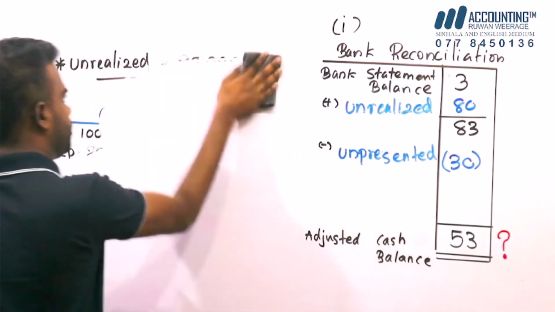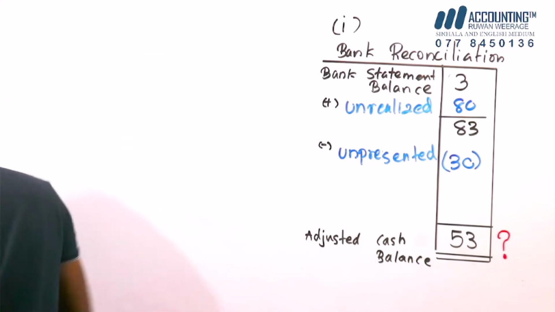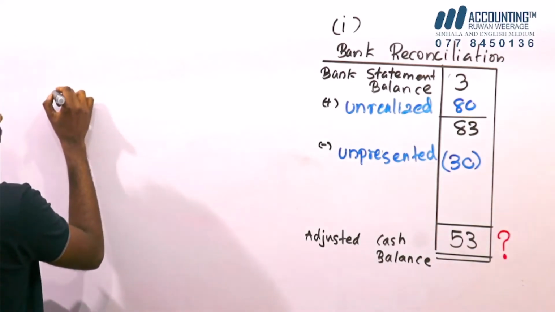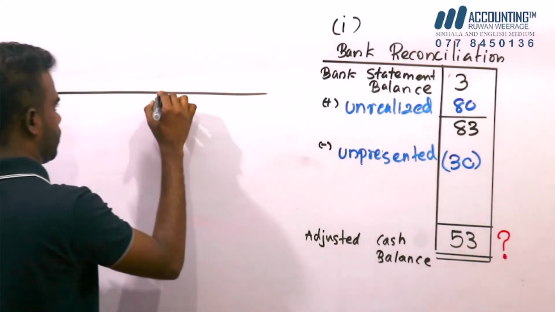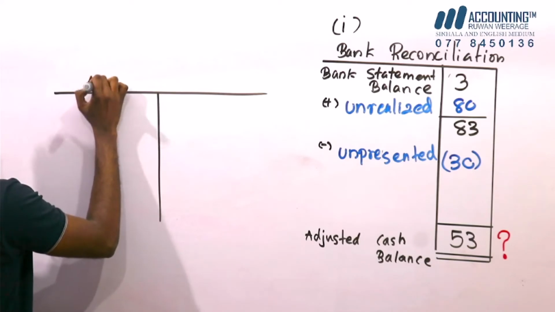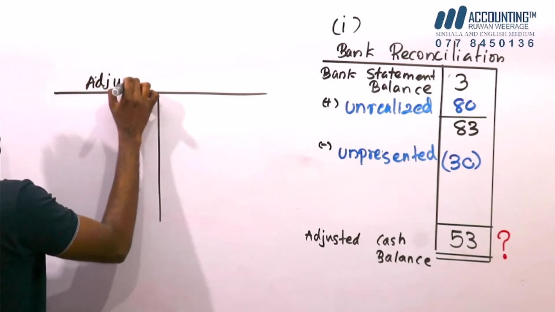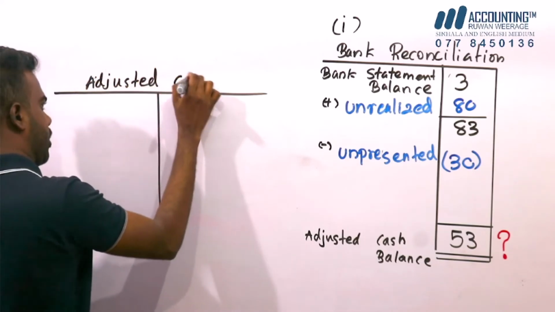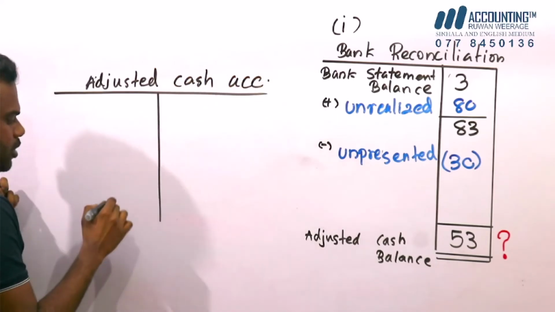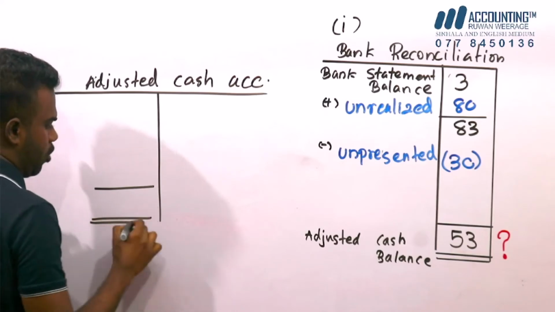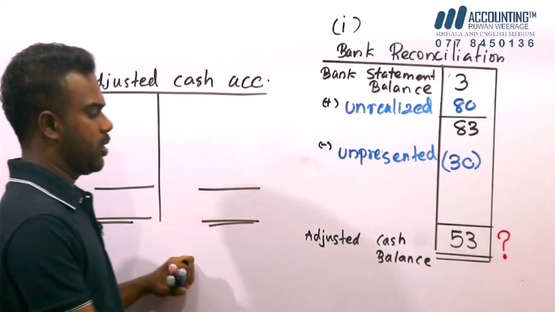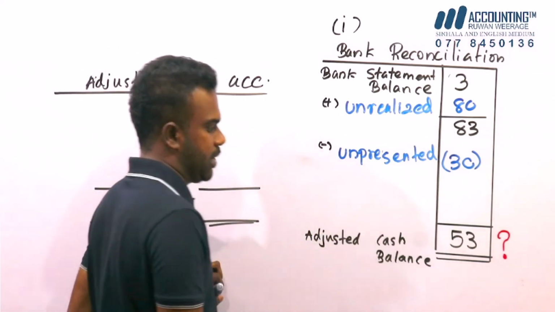Number 2, I will write here adjusted cash account, right? So, already we found the adjusted cash balance.